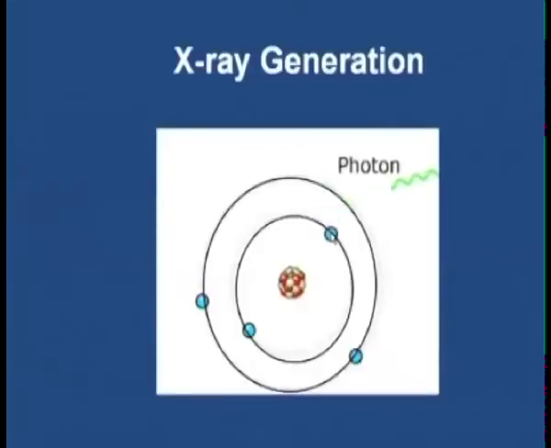Whenever an electron is jumping from a higher shell to a lower shell, from the L shell to the K shell, a photon will be emitted. Similarly, here when there is an absence of an electron in the K shell, the L shell electron will drop to the K shell. This is what is happening here. The L shell electron is dropping to the K shell, giving rise to a photon. What is the frequency of the photon?